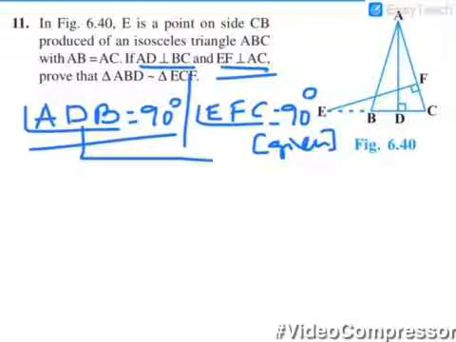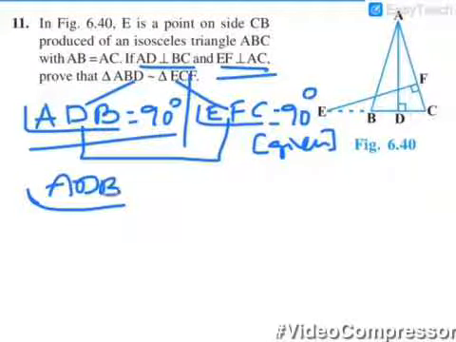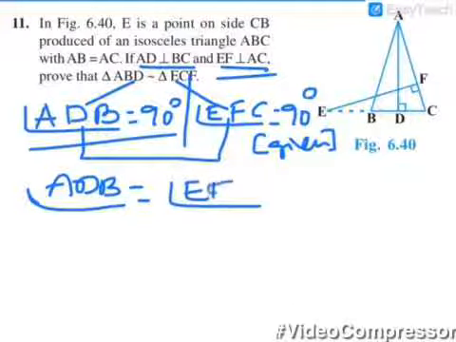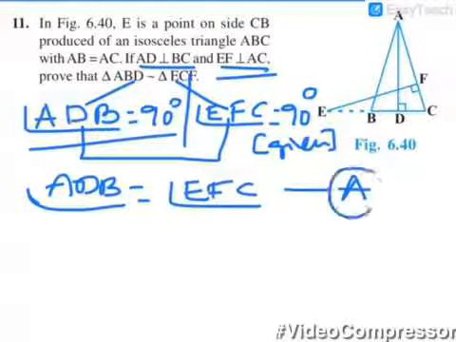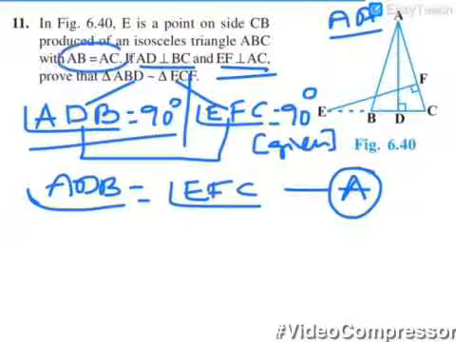So here in these two triangles, we have an equal angle, that is ADB is equal to EFC, that is the first angle we got. Generally we first try AA, so we need to find another angle. For that, what is the clue given here? AB is equal to AC. When two sides are equal, the angles opposite to these sides are equal.